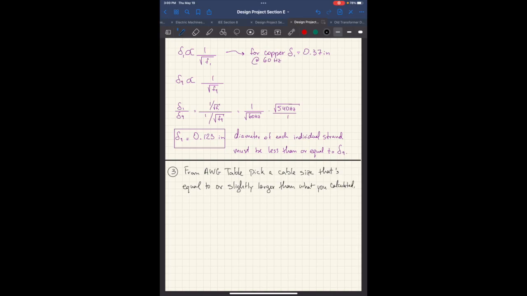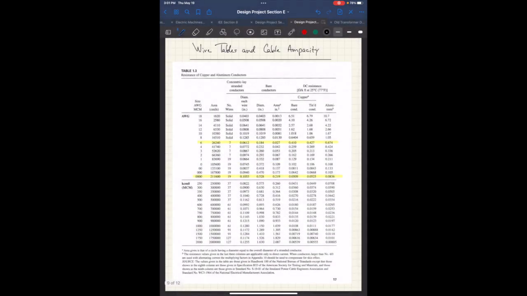For the high side, area in circular mill, we chose the 26,240 circular mill. This one corresponded to AWG 6. AWG stands for American Wire Gauge, okay?